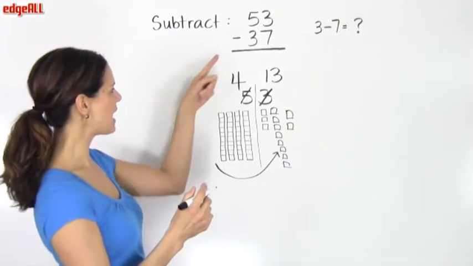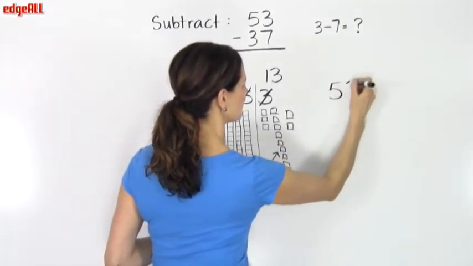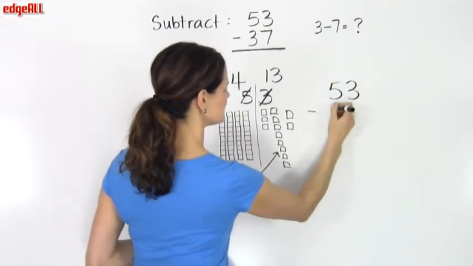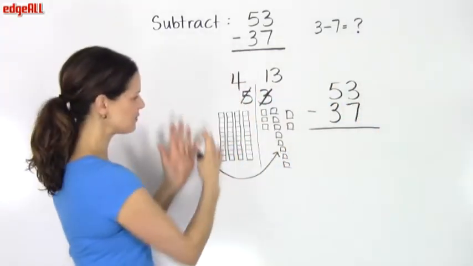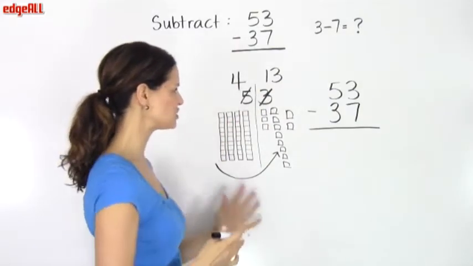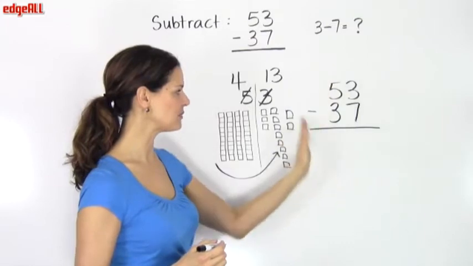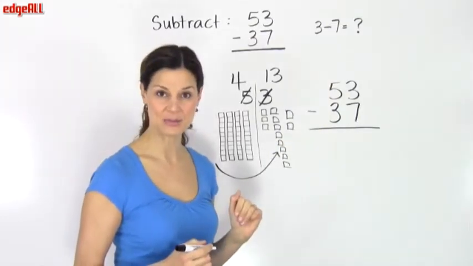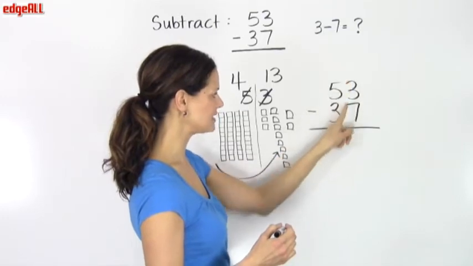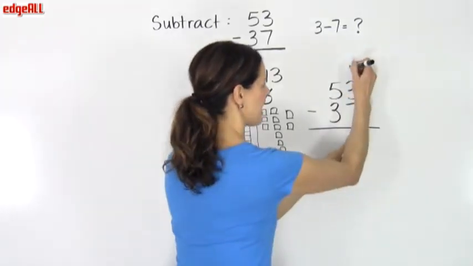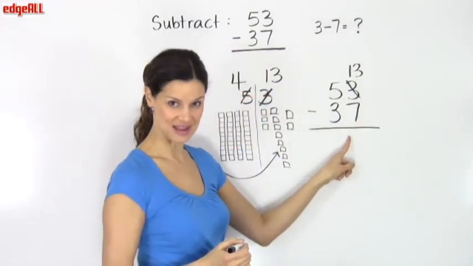So now I'm going to rewrite my problem here of 53 minus 37. And seeing what we've done here visually with the little squares, I can do in my problem here with just my numbers. So I can see here that in the ones column, I am now going to have 13 ones instead of 3.